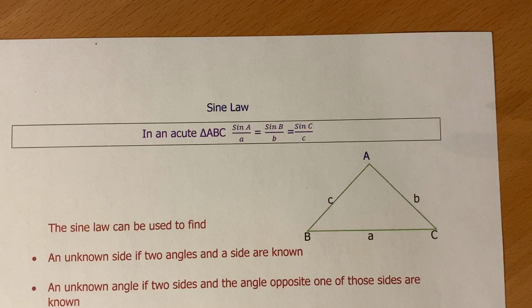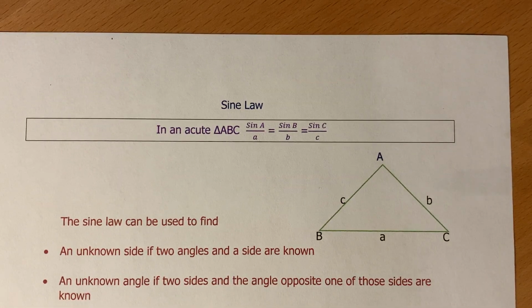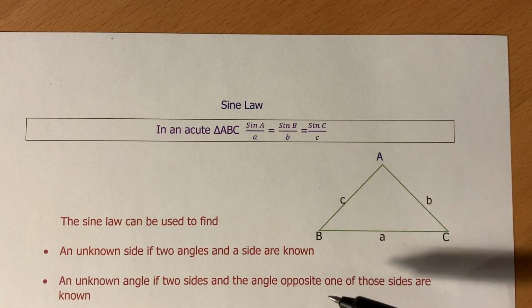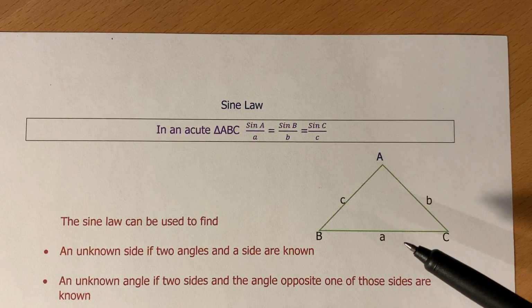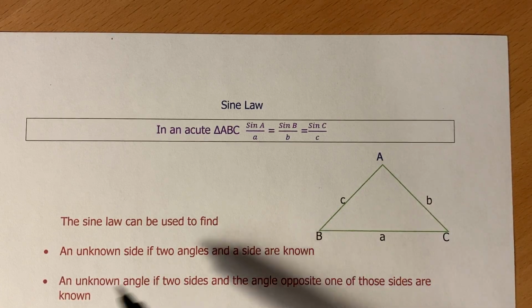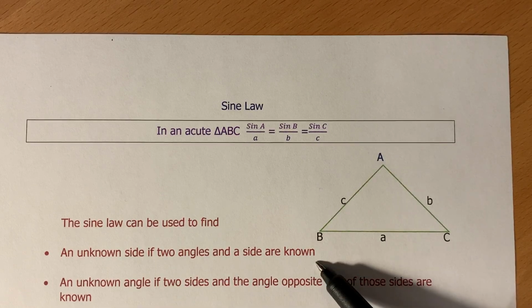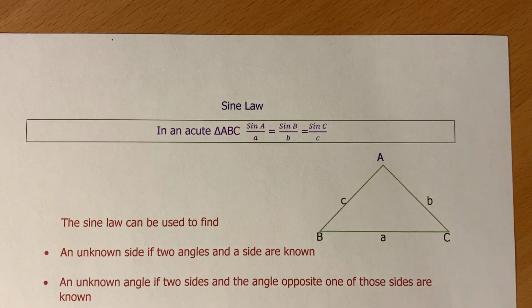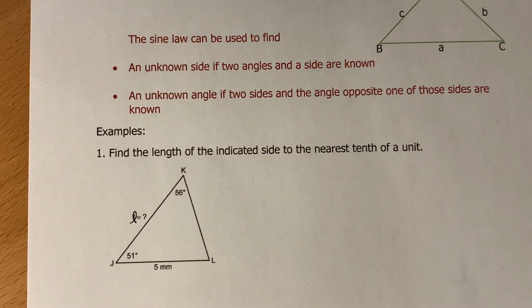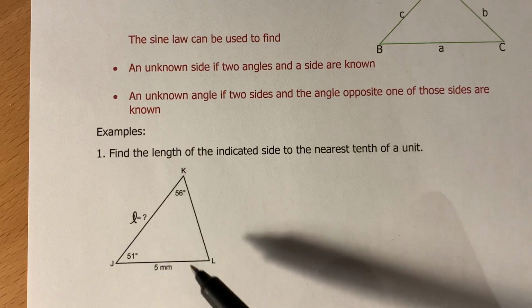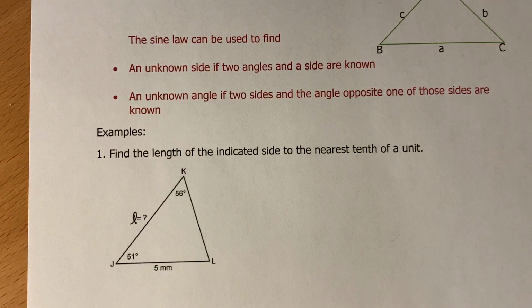Okay, so when you use the sine law, it really depends on what information you're given. I've got an example for each. So you use the sine law if you're trying to find an unknown side, if two angles and a side are known. I'm going to give you an example of that. This one here, I have these two angles and one side known.